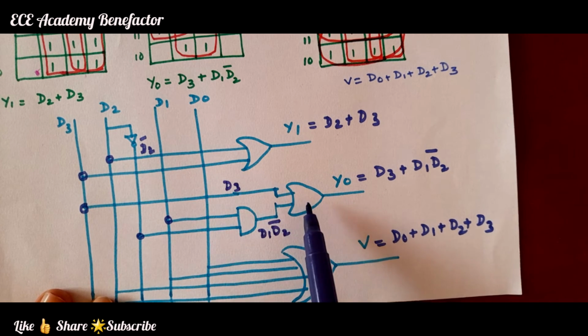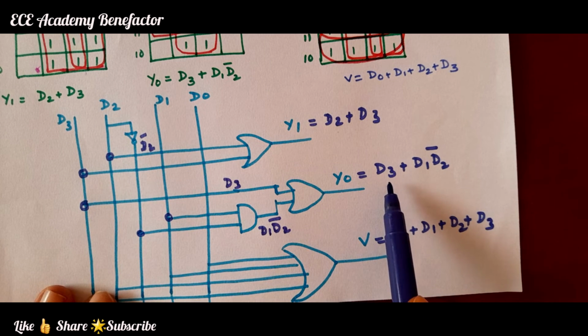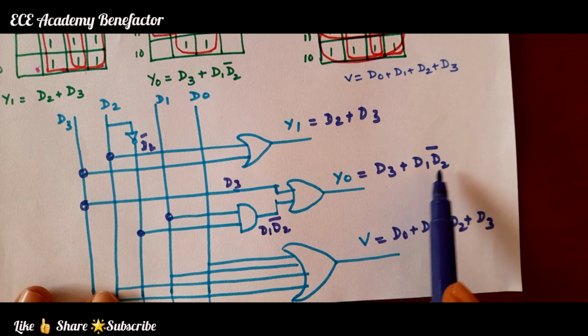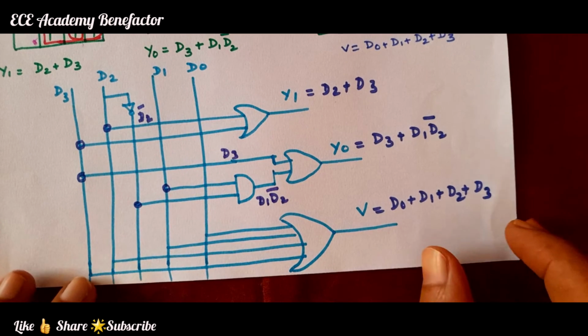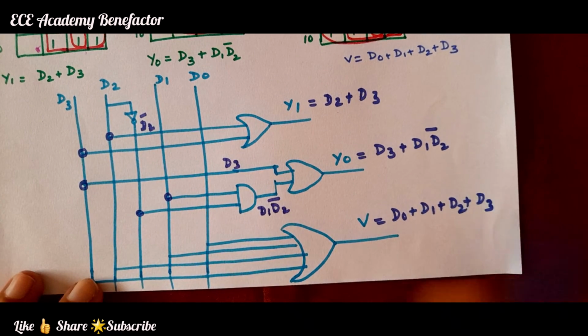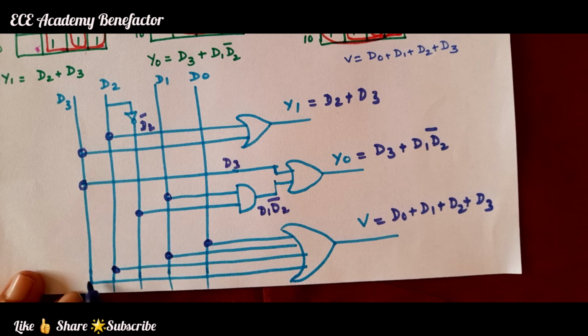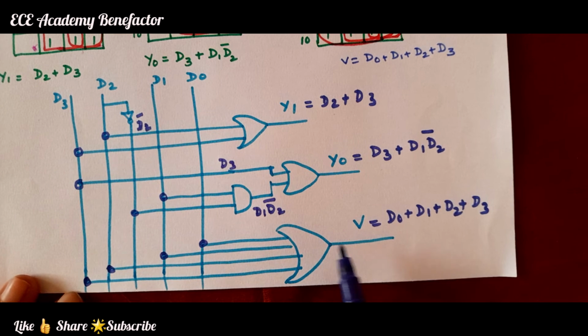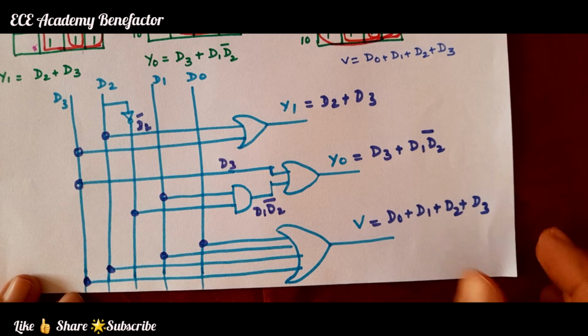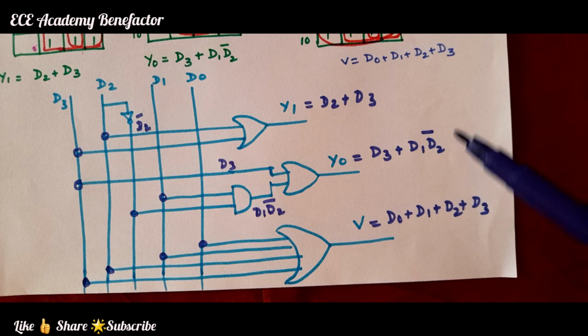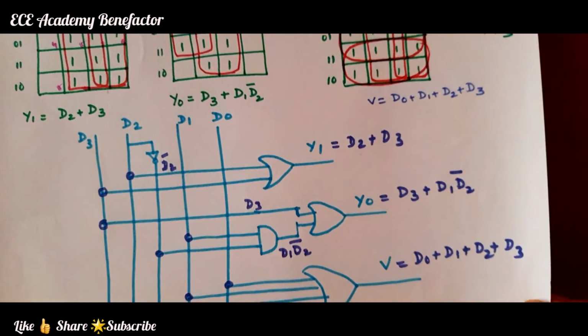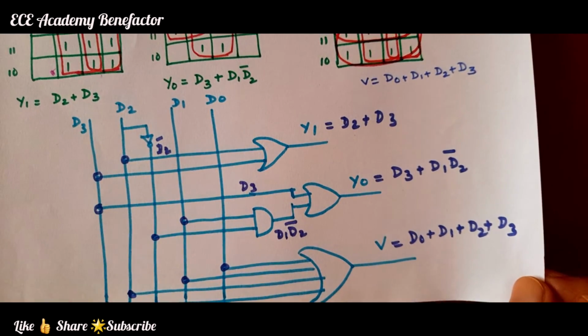These two are given to an OR gate to get the expression D3 plus D1 D2 bar. Now, for valid output, we connect D0, D1, D2, D3. All 4 inputs are given to an OR gate to obtain the valid output. So we can draw the logic diagram this way for Y0, Y1 and V.